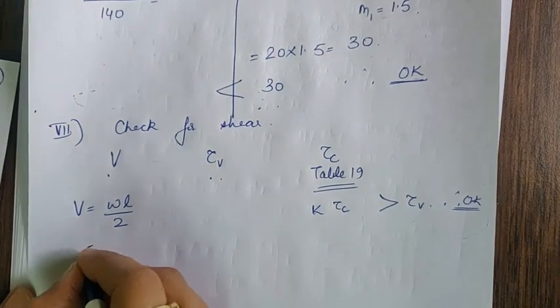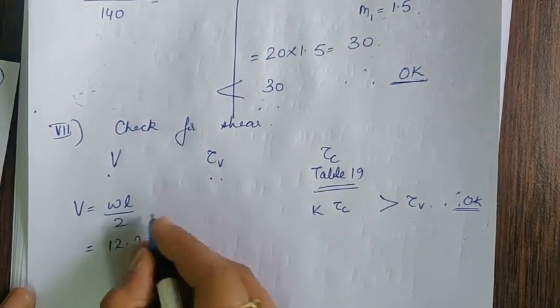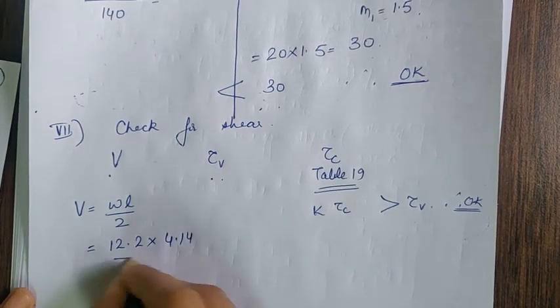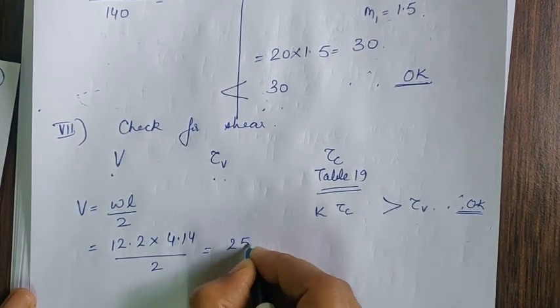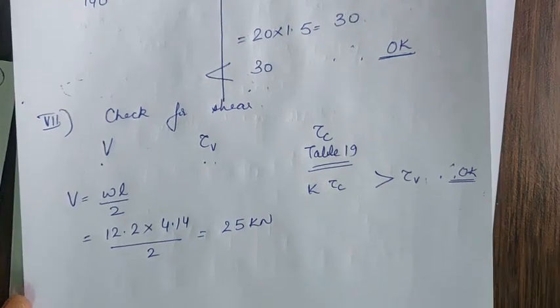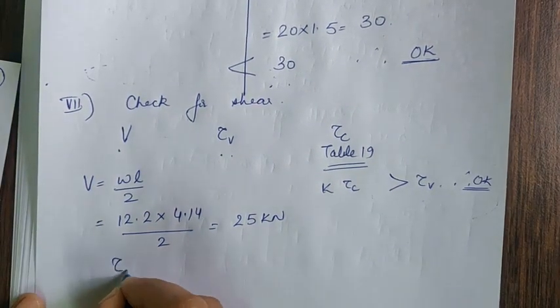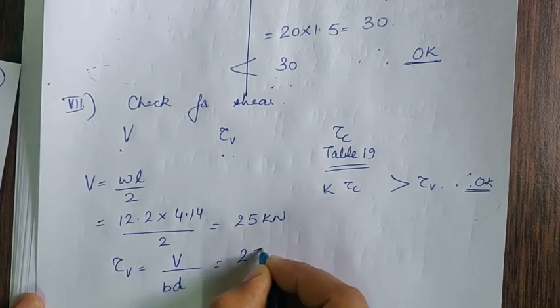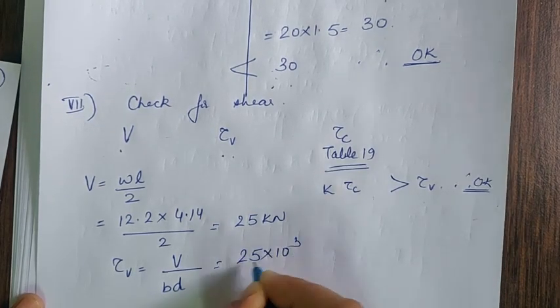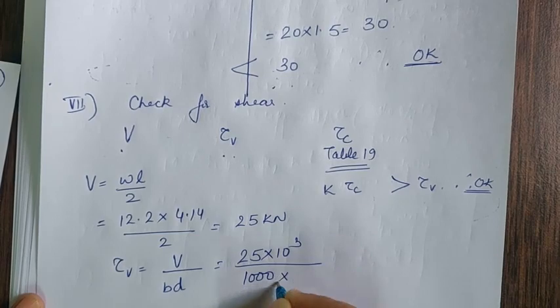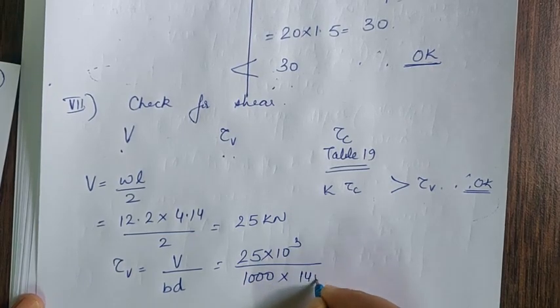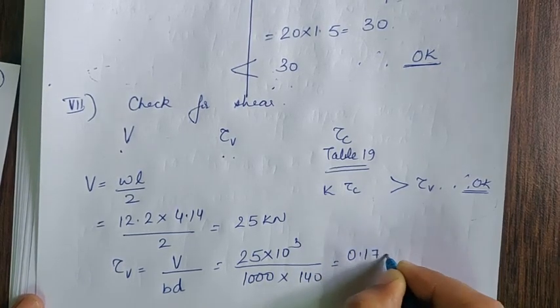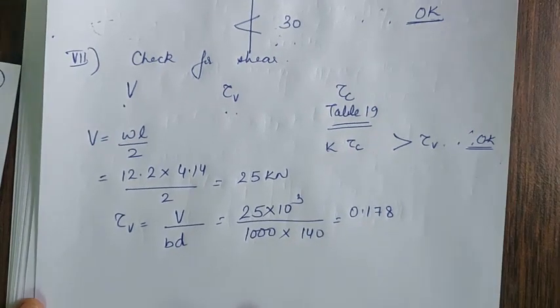Isn't it? So load is 12.2, L is 4.14, divided by 2. This is coming out to be 25 kilonewton. Okay. Tau V is equal to shear force upon B into D. That is 25 into 10 raised to power 3 upon 1000 into depth 140. This is 0.178. Okay.